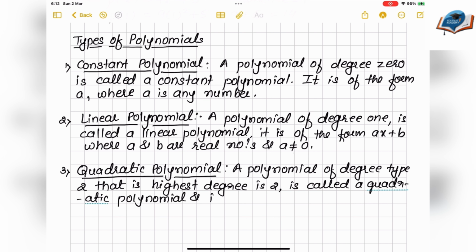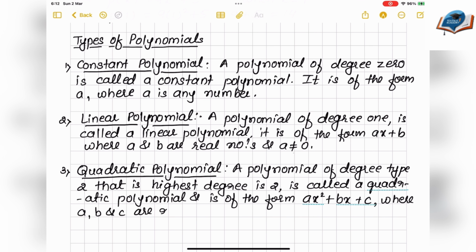And is of the form ax square plus bx plus c, where a, b, and c are real numbers and a should not be equal to 0.